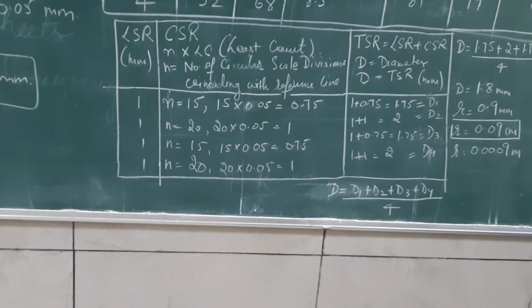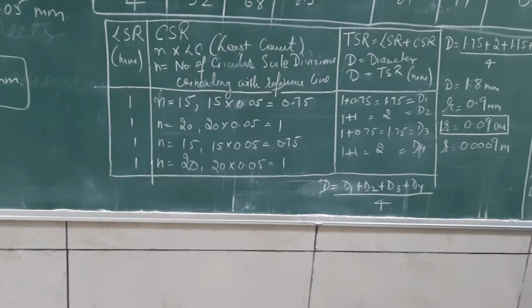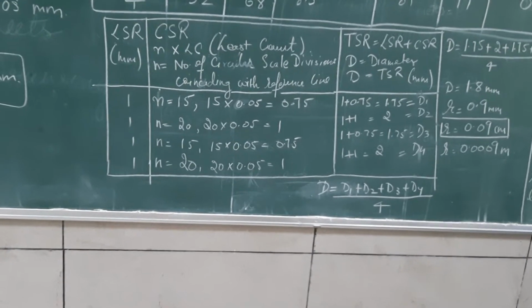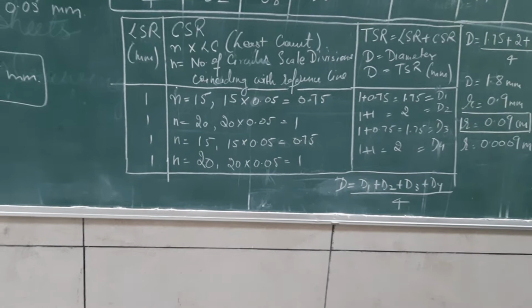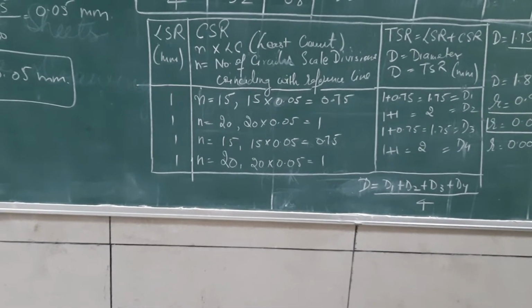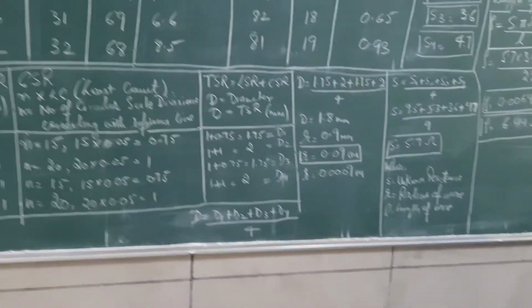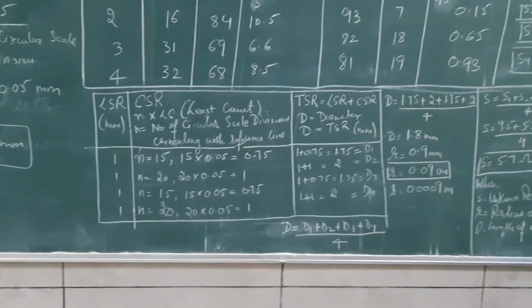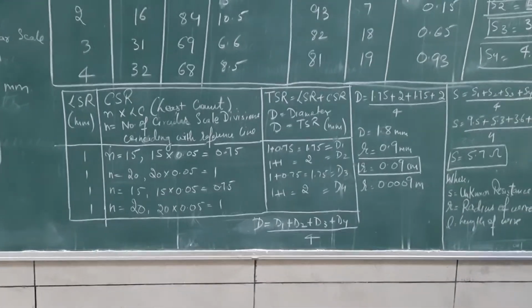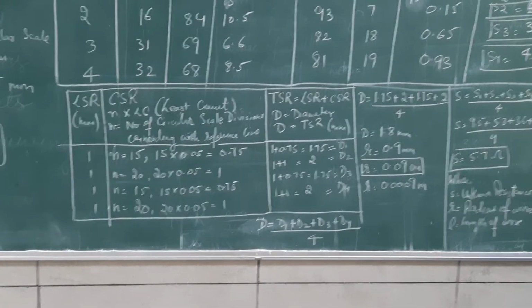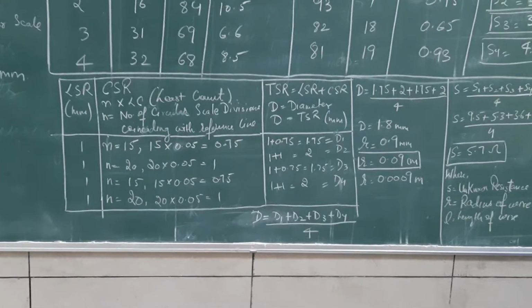When you multiply the value of small n with the least count of the screw gauge, you will get the circular scale reading. So after calculating CSR and LSR, I have calculated TSR, total scale reading, and this is basically your diameter.